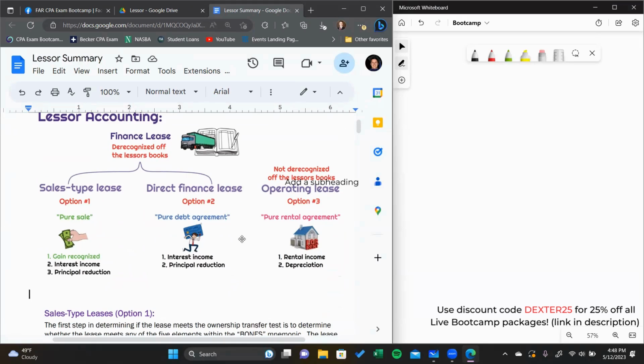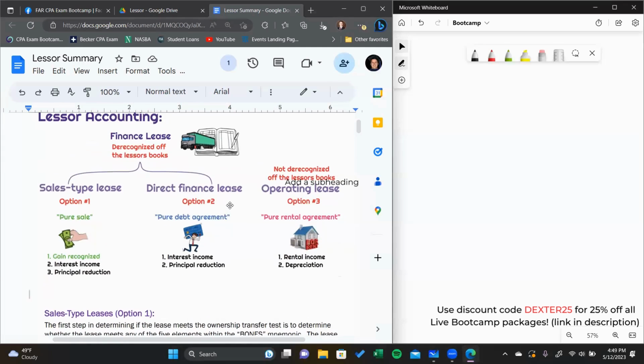With the lessor, we break out finance leases into two specific types. We have a sales type lease, which is one type of finance lease, and then we have a direct finance lease, which is another type of finance lease. So essentially, we're getting more specific with the type of finance lease. So we have an operating lease, and then we have two types of finance leases, sales type and direct finance leases.